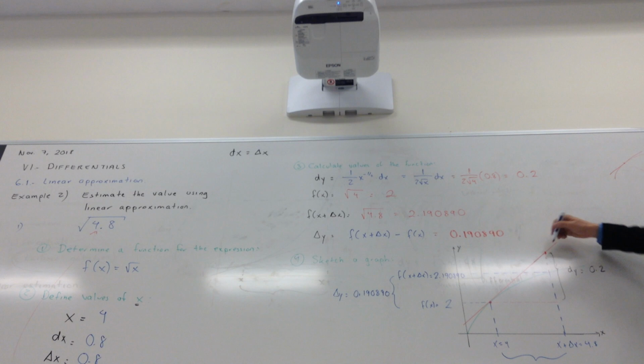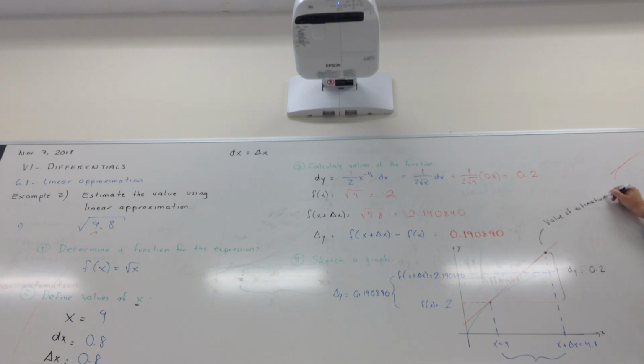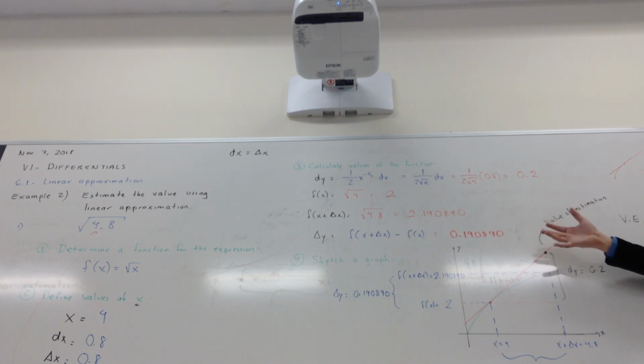And lastly, we need to find this point here, which is going to be called the value of estimation. How do I find that? What formula would be to find this point? I don't have the equation of the tangent line. From the graph, you can tell me, how can I get this point? dy plus f of x. Very good, that's it. F of x plus dy.